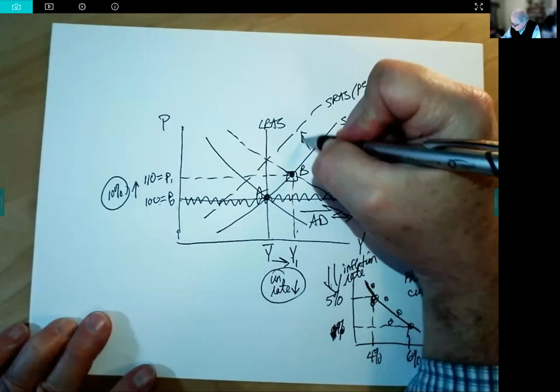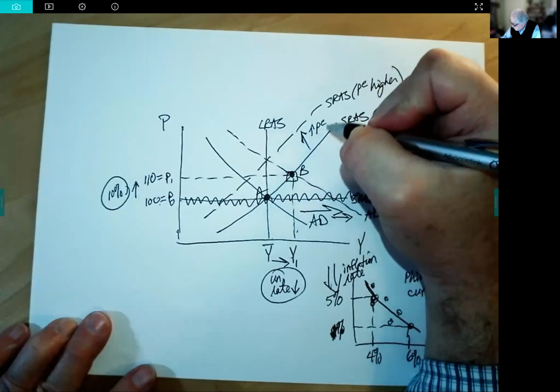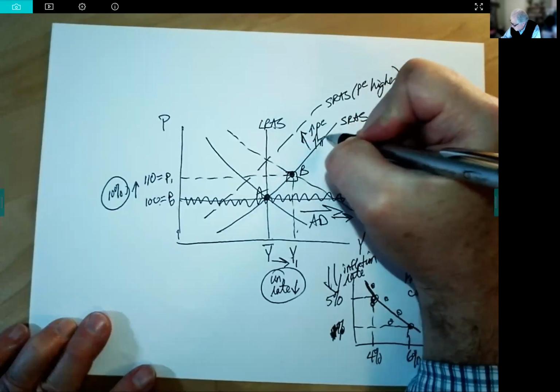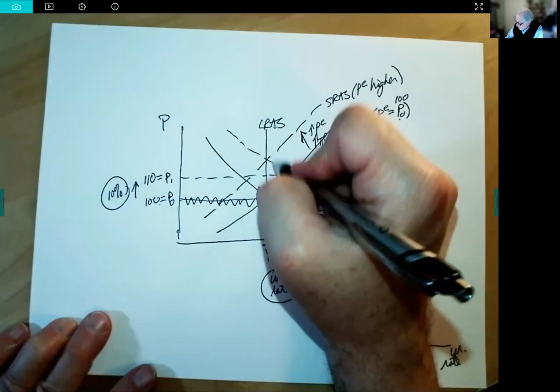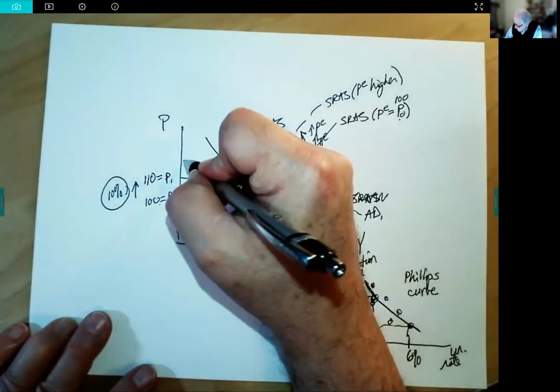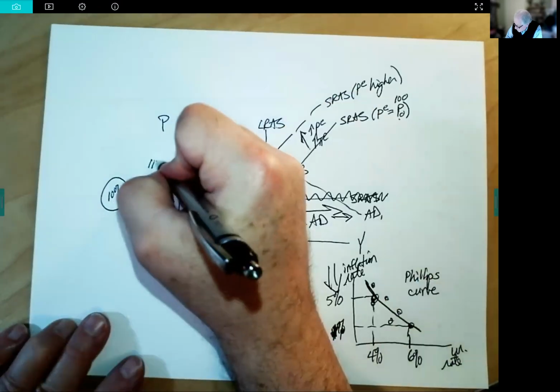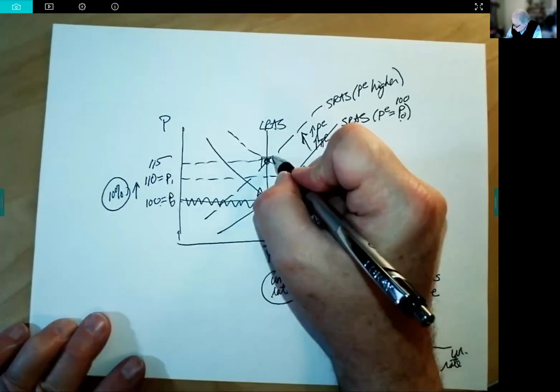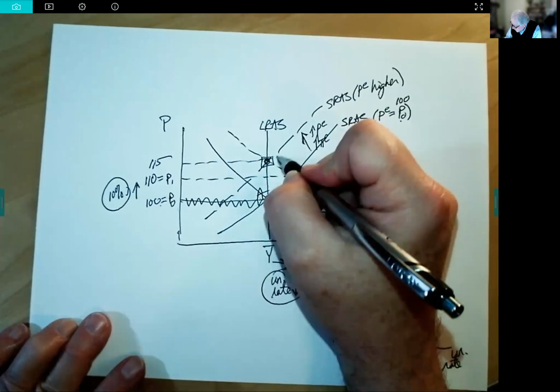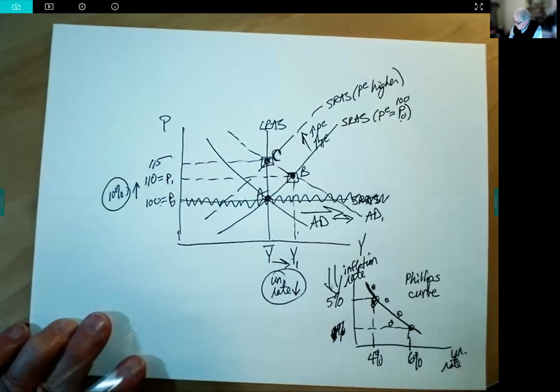So increased price expectations, increased inflationary expectations are going to shift this back to, ultimately, let's say this is 115, ultimately we're back here at potential GDP.